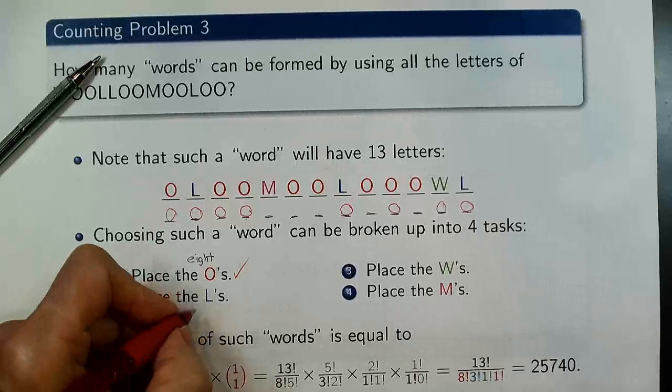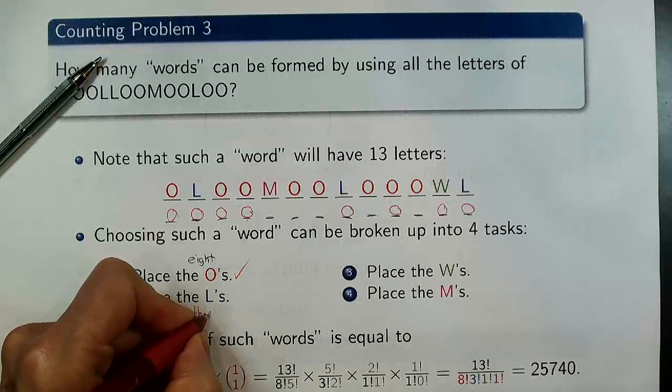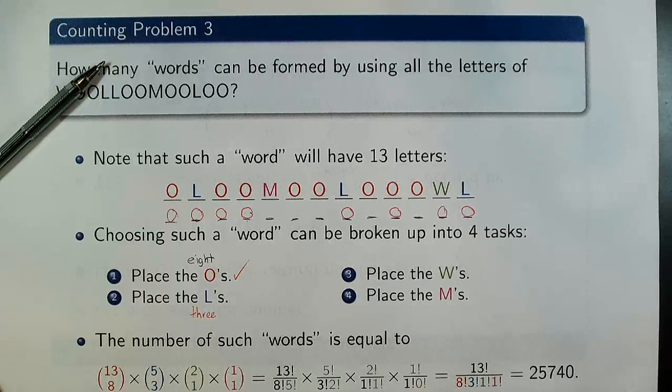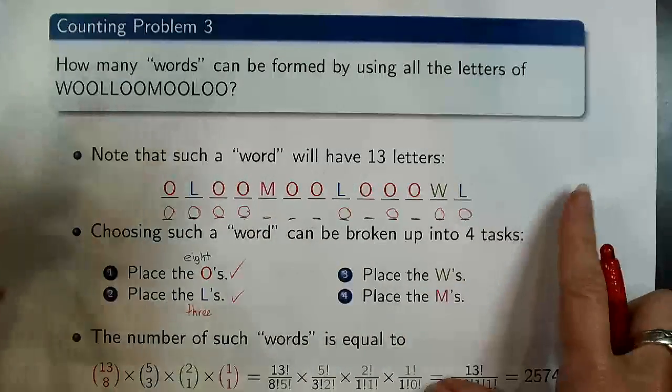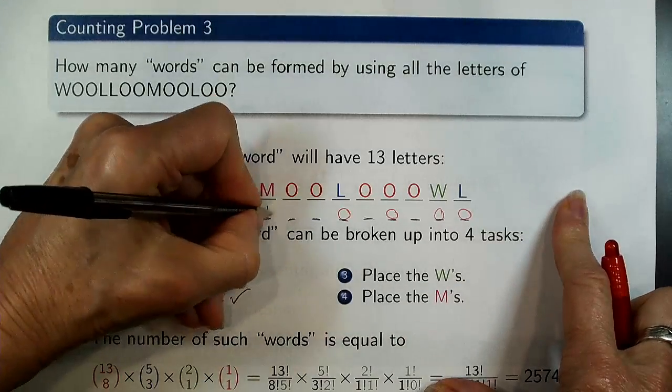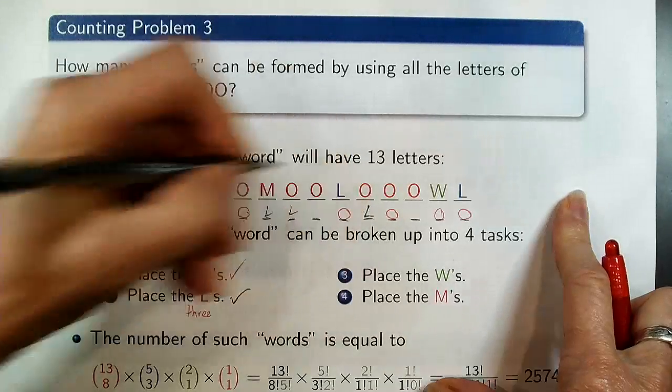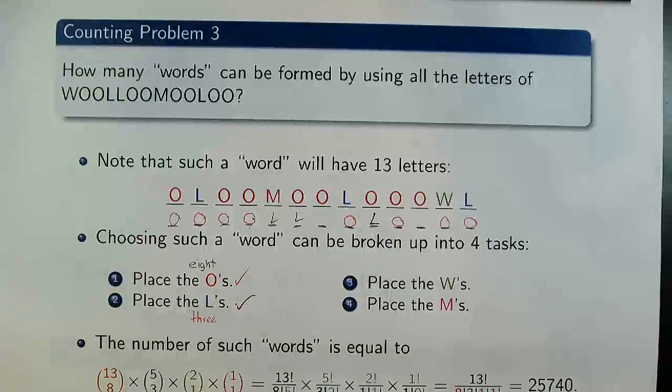L's. All right, there are 3 L's. How many places do I have left to use for the L's? 5. In how many ways can I choose 3 of those 5 places for the L's? 5 choose 3. That's right. So I'll just put L, L, L. Okay, that's task 2 done.